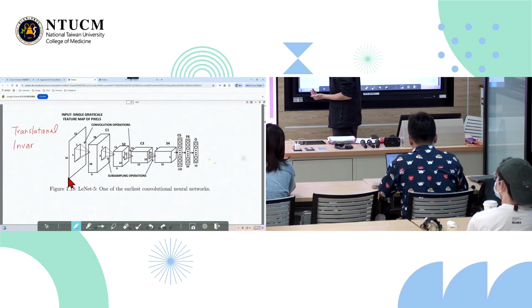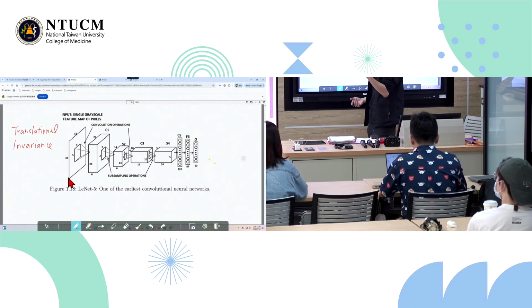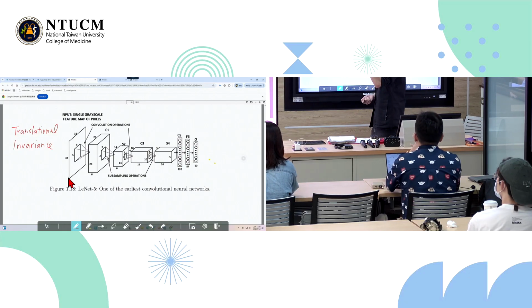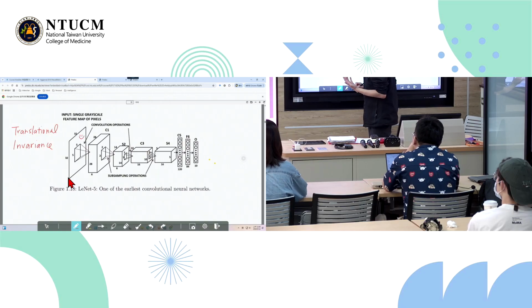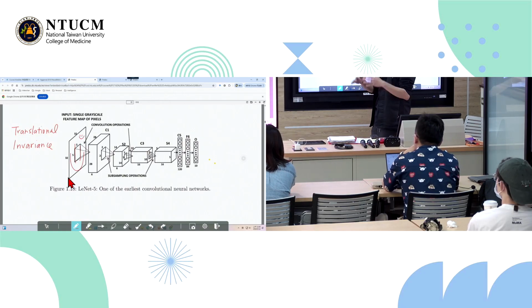Meaning that if I see an object or a token, if you want, located here, is the same as if the object is located here. It is also the same as if the object was very small versus that the object is very big. It's the same object. Okay?